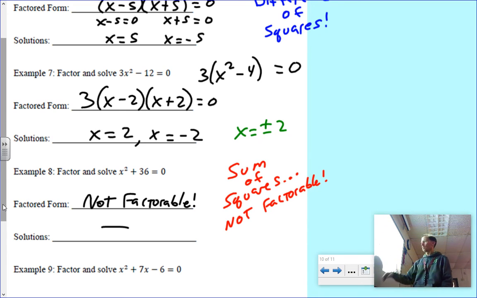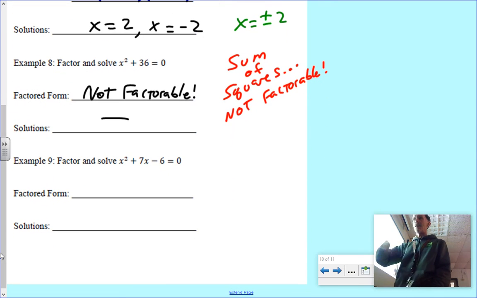So we have x squared minus a number, factor it with plus minus, just like examples 6 and 7. x squared plus a number, not factorable, and we move on.